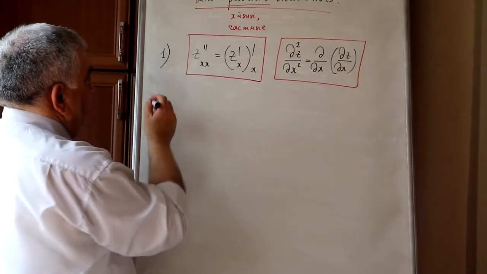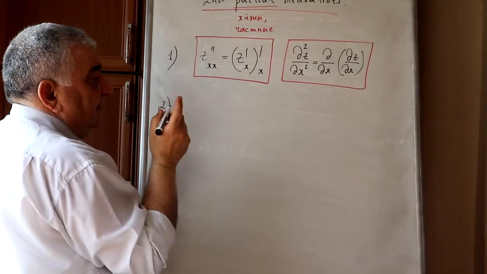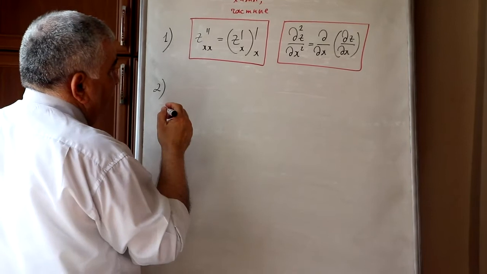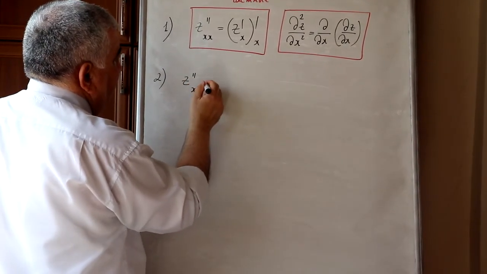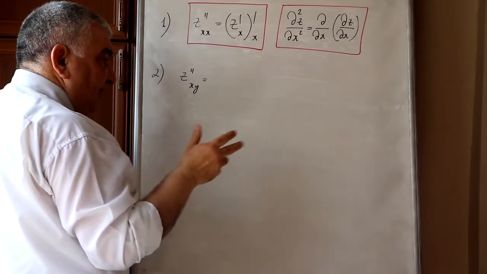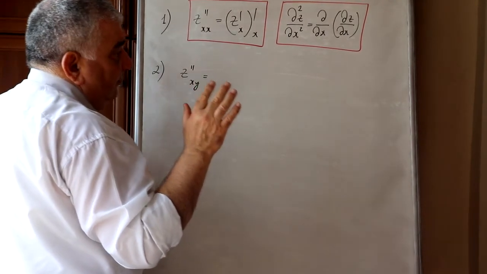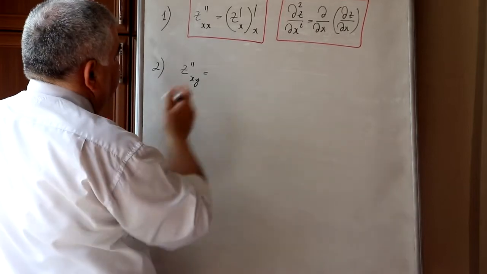Then consider the mixed partial derivative with respect to xy. Z2 prime xy. It is partial derivative with respect to y of partial derivative with respect to x.